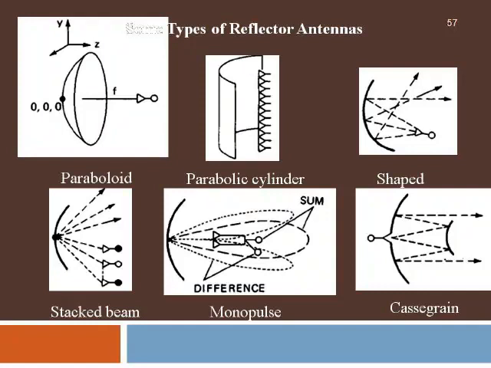Then we have a monopulse antenna wherein two feeds are used before a parabolic reflector, and using them you can get a sum signal as well as a difference signal.